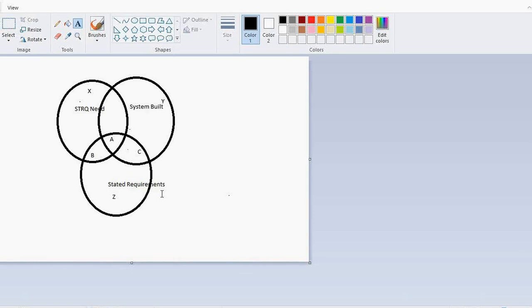Where is the exact action happening? Anybody? It's not hard. I think you guys can tell where most of the action is taking place in this diagram.